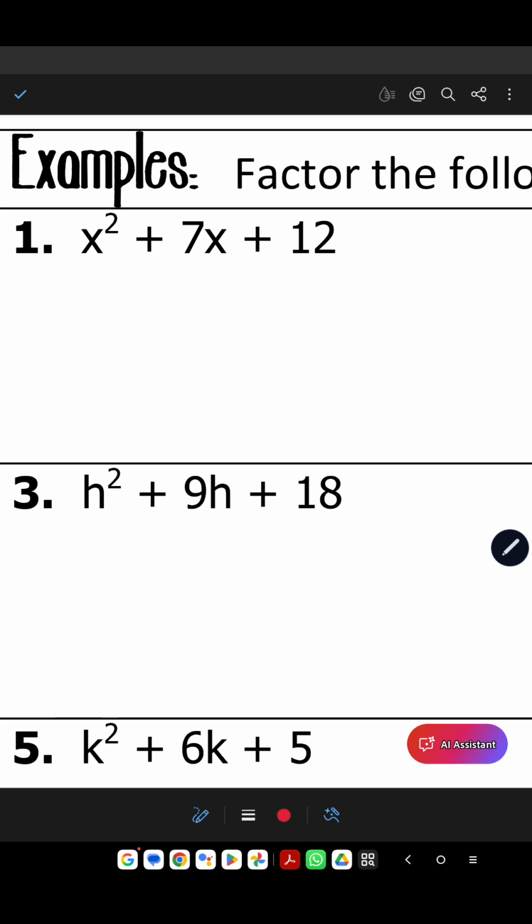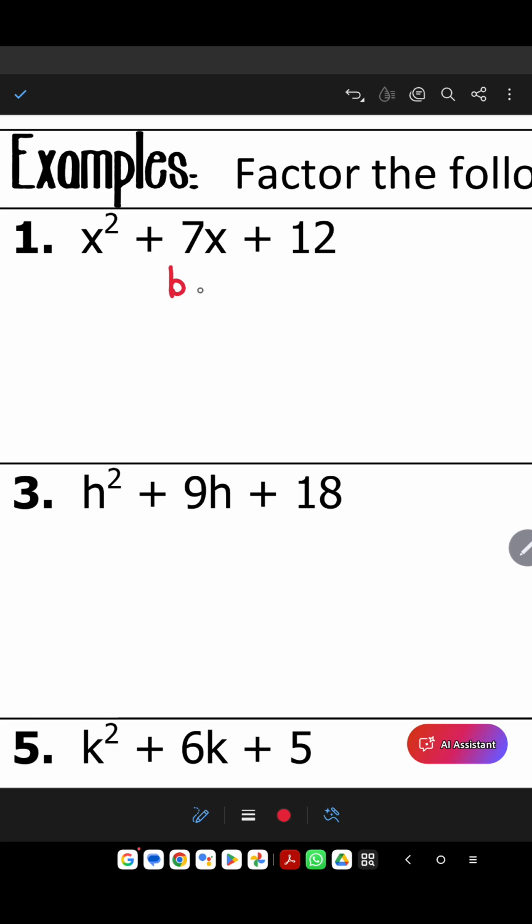Now, whenever you're factoring a trinomial of the form x squared plus bx plus c, what we intend to do is to find a pair of factors of c whose sum is equal to b. So for this example, let's identify what b is. b here would be the coefficient of x, which is 7.